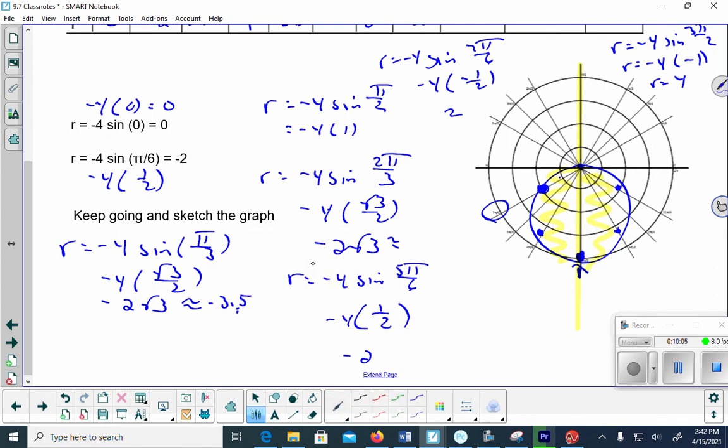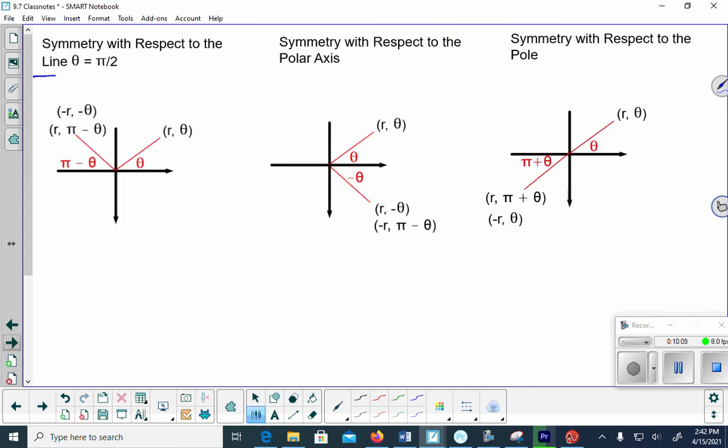So that is a type of symmetry in polar equations, and that's going to be where it's reflective over the line theta is equal to pi over 2. What used to be our y-axis is now the line theta is equal to pi over 2. So if I know that it reflects over this pi over 2, when I go to plot points, I only need to pick points from the first quadrant and the fourth quadrant, because then everything else can map over to the other side.